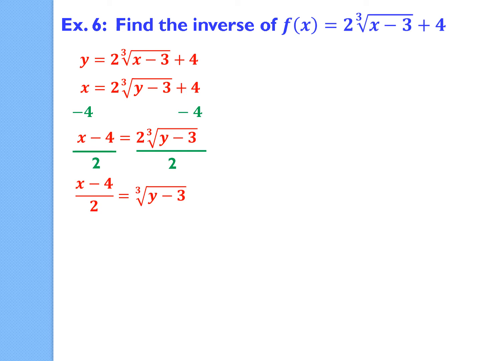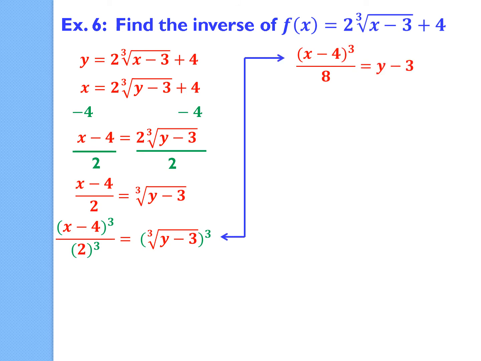Now I'm ready to cube both sides. Now, because I have a numerator and a denominator, I cube both the top and the bottom. So I end up with x minus 4 cubed over 8 equals y minus 3. I now add 3 to both sides. And remember, there's an imaginary 1 out there.